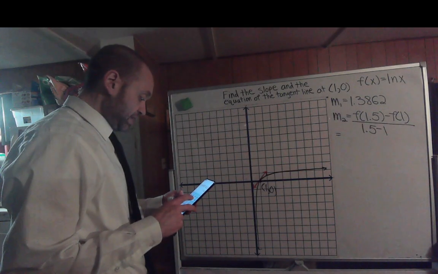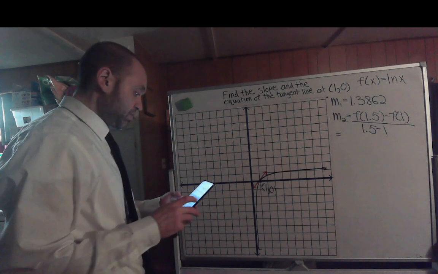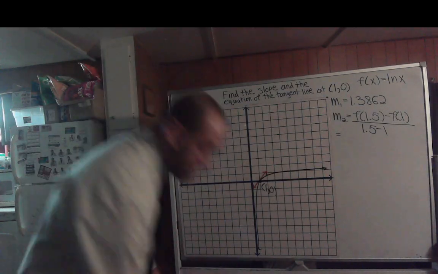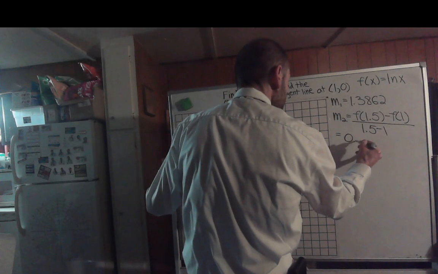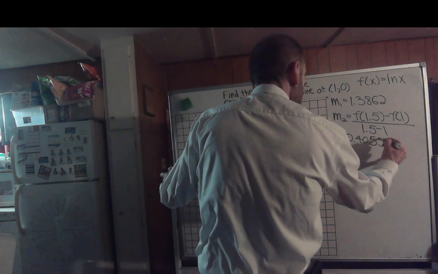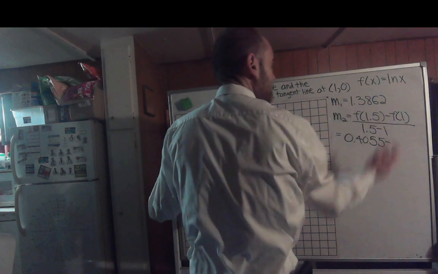The natural log of 1.5 to 4 decimal places is about 0.4055. Now, minus f of 1, natural log of 1 is 0.